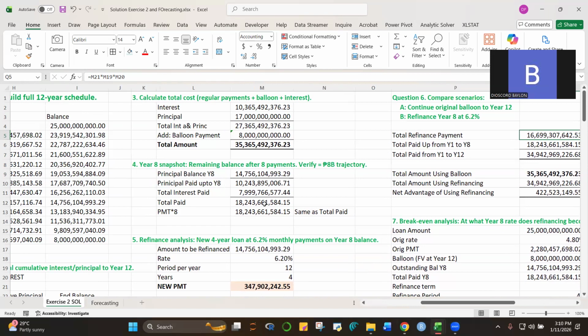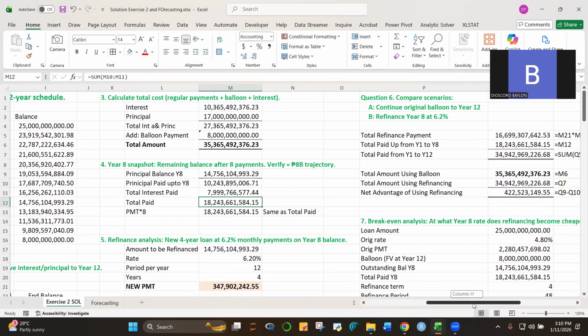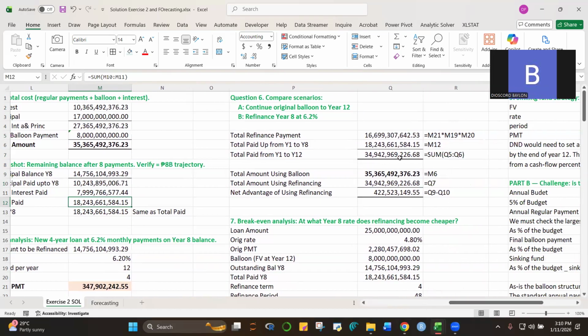This is the snapshot at year 8: total principal paid, total interest paid, total amount paid is 18.24 billion. So we add that to the total paid for years 9 to 12, and the total is 34.94.